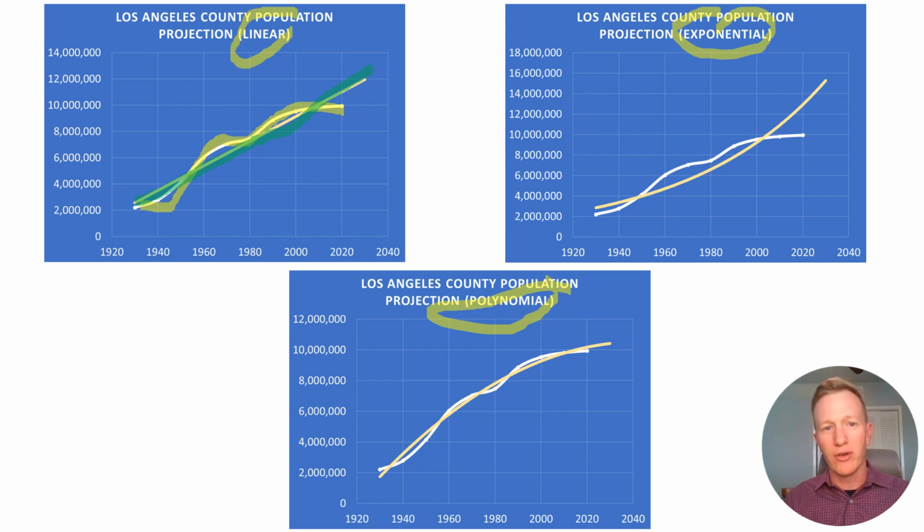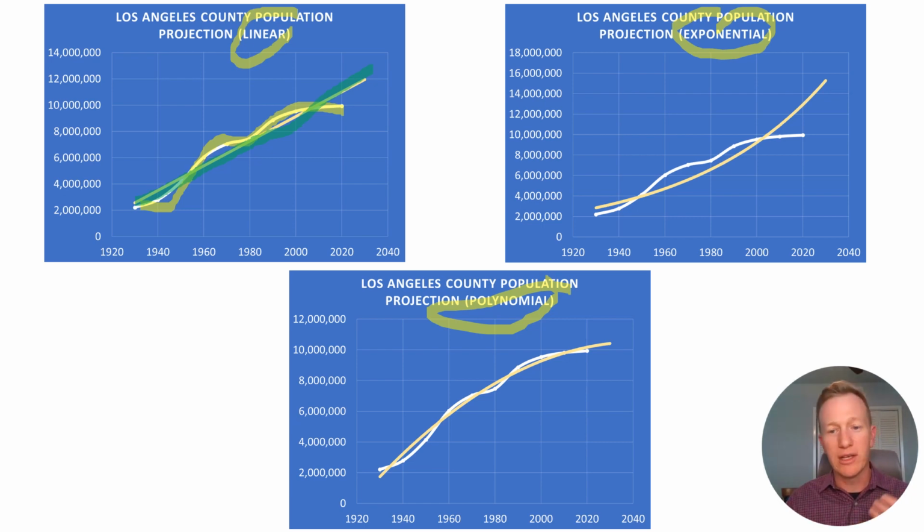In your geometric or exponential trend, you're looking at increments of growth increasing at a constant rate. So we're going to keep increasing at a rate of 5% or 3%. The authors talk about a modified exponential, and that's when increments of growth decrease over time at the same rate. And then the last is polynomial, and that's when you allow for certain bends in your trend line.